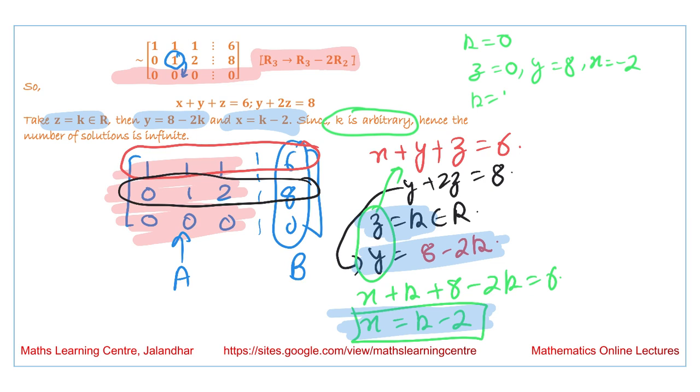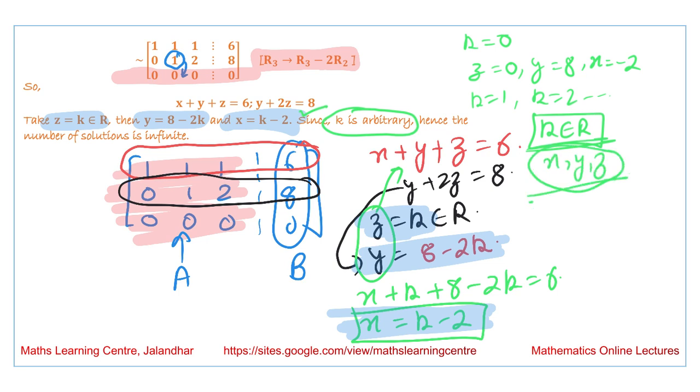If we substitute k is equal to 1, we will get some answer. If we substitute k is equal to 2, we will get some answer. So k can be any real number, and corresponding to each real number we obtain different values of x, y and z, and these are the infinite solutions that we can obtain.